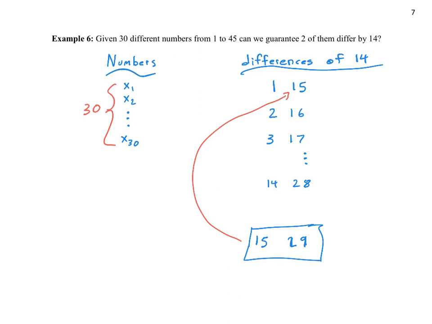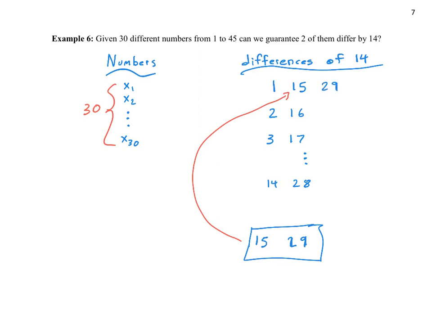So if the number 15 was over here, we wouldn't want it to have a choice of going into one hole or another hole. So what we can do about that problem is, instead of making a new hole for 15, we can use the 15 that's already there and just stick 29 next to it.